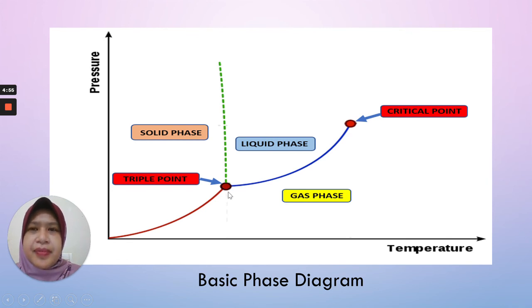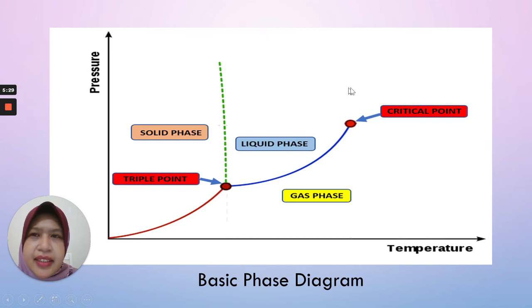This three-way intersection represents the unique combination of pressure and temperature at which all three phases, which are solid, liquid, and gas, coexist in equilibrium.